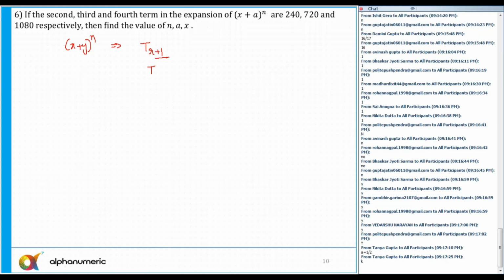Please keep trying. I'm just giving you a hint. The ratio of two consecutive terms in the expansion of (x plus y) raised to power n is always equal to (n minus r plus 1) by r into y by x. Try this, all of you know.